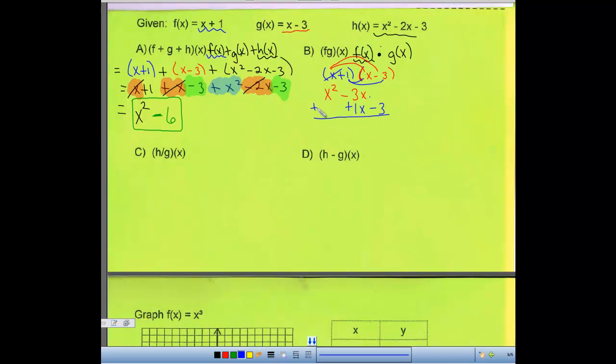Now let's combine like terms. X squared, negative 3x plus 1x is negative 2x, and negative 3 just comes down. So x squared minus 2x minus 3 is the answer. Now pause the video and you try C and D on your own.